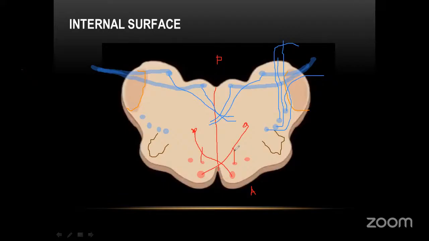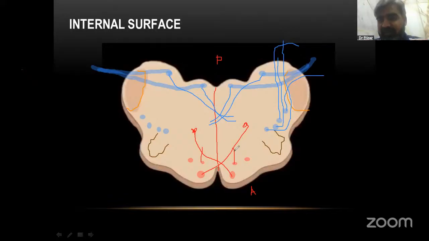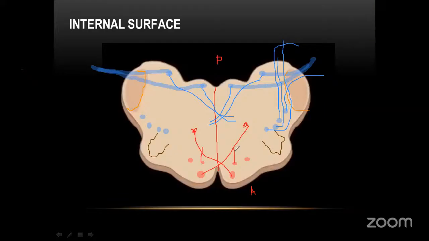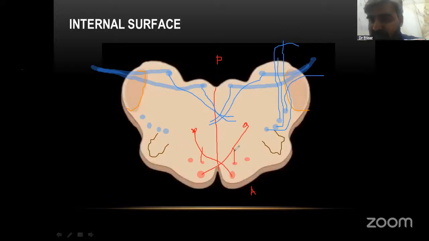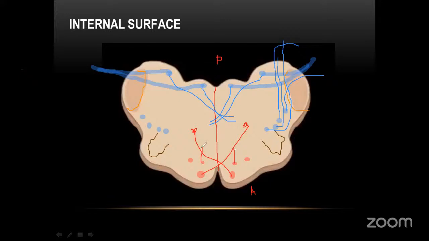I am saying whether they are descending or ascending tracts. Tectospinal tract, descending. Since we're discussing motor tracts, they are descending. Why are your people confusing?